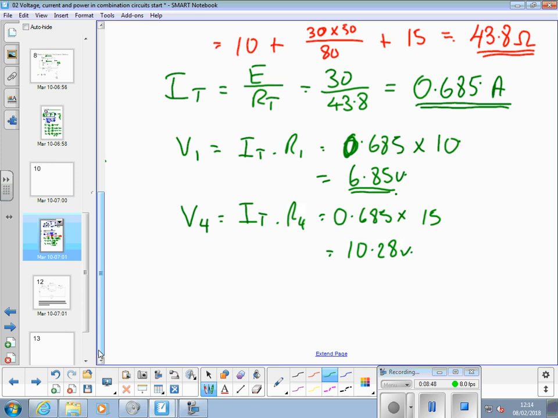That's 10.3 volts. Okay, keep the three significant figures. Right. Easy.